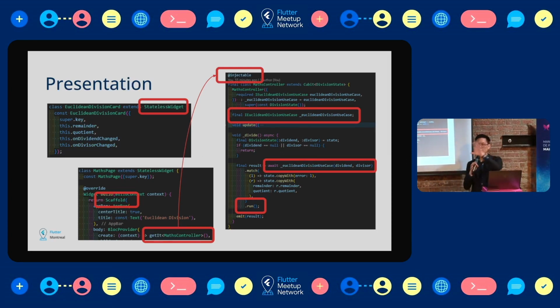You can have multiple pages, then you don't need a scaffold every time, but just try to have a scaffold. And for example, if you trigger a snack bar, you make sure that it will render in this page and not somewhere else that you didn't expect. Or maybe if you have multiple nested scaffolds, then you don't know where the snack bar is coming from.